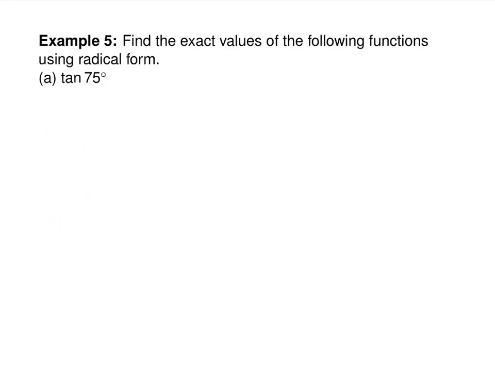So for example, 75 is not a number on your unit circle, right? Can you express 75 as a sum of two numbers that are on your unit circle, though? So we have like 30s and 45s. The trick here is partially figuring out what to express this as, but this is the same thing as tangent of 45 degrees plus 30 degrees, because 45 plus 30 is 75, right?